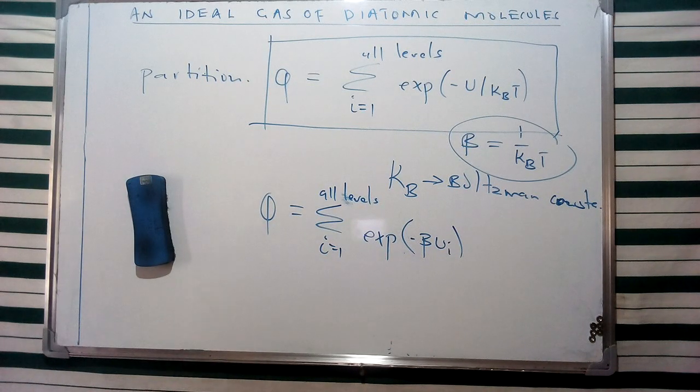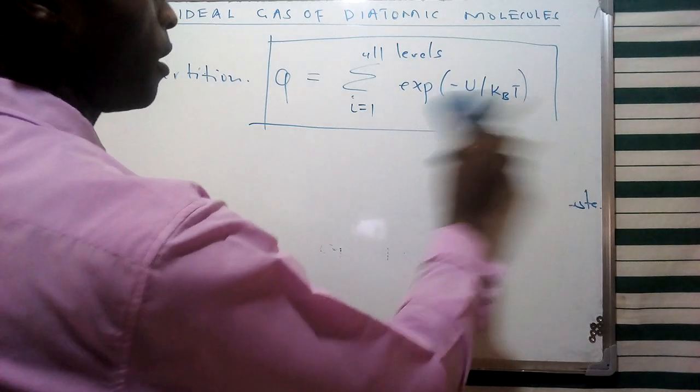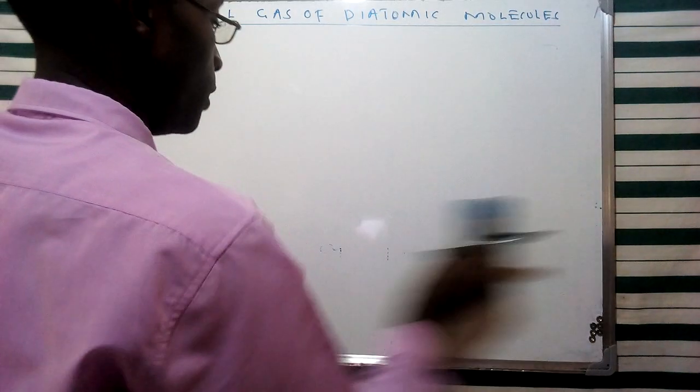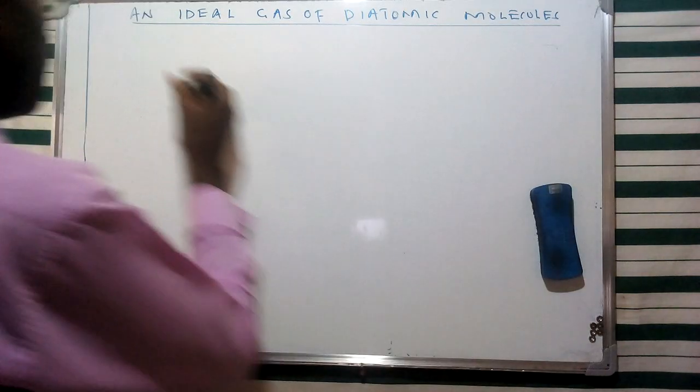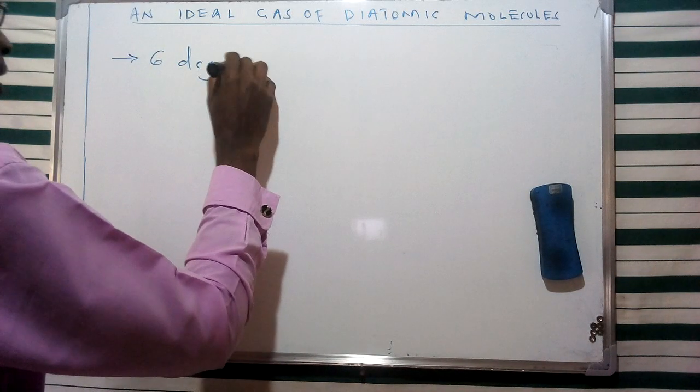And in this particular discussion, we're going to look at diatomic molecules, and we are going to consider the degrees of freedom. I had mentioned that we're going to look at the 6 degrees of freedom for a diatomic molecule.